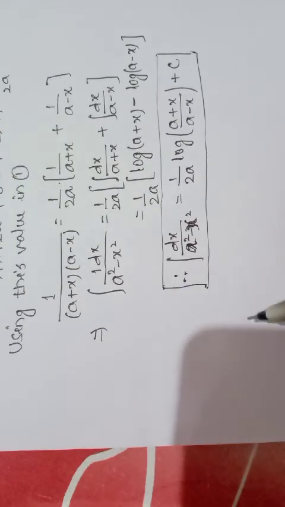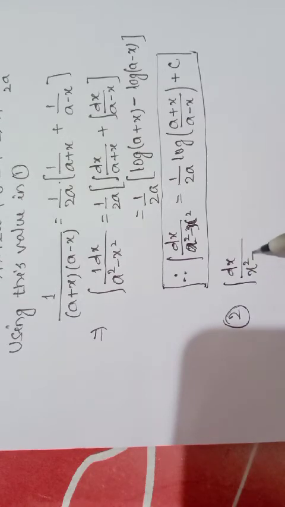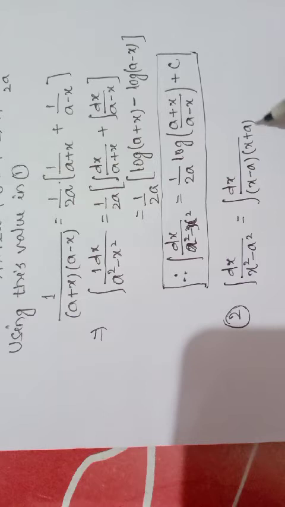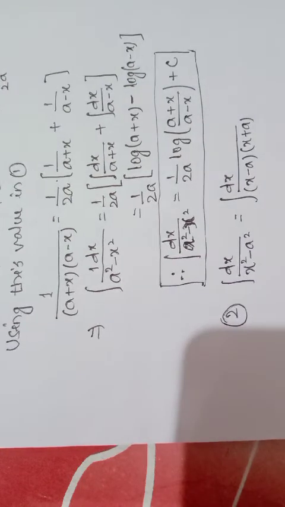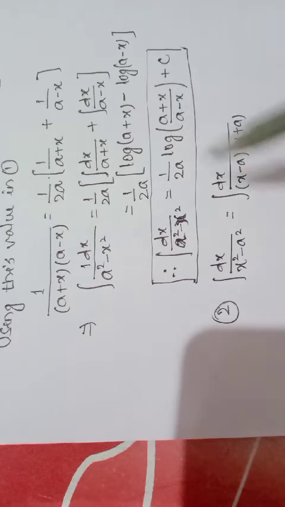Similarly, we integrate the second one, that is dx upon x square minus a square. Again we expand it, dx upon x minus a into x plus a. Like the previous problem, by partial fractions, expand this one also as partial fractions, then we get, or in another way we write, 1 upon 2a.